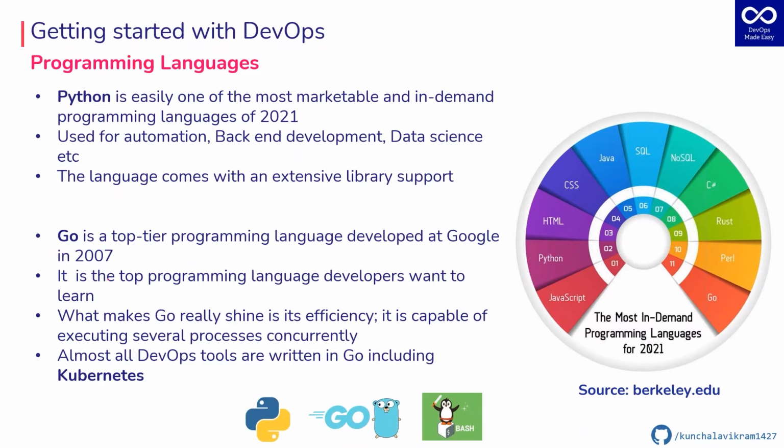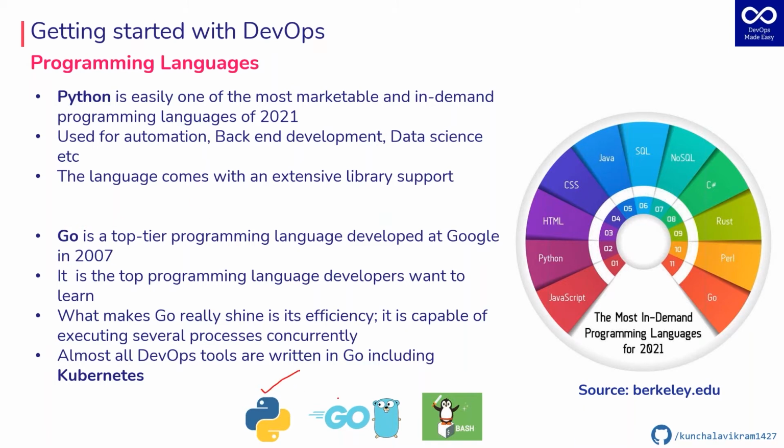Go is one of the top choices of developers these days because, as I said, almost all developer tools or DevOps tools are written in Go, including the famous Kubernetes. If you go to the Kubernetes official GitHub project, you can see that the entire source code is written in Go language. That is how popular Go is.